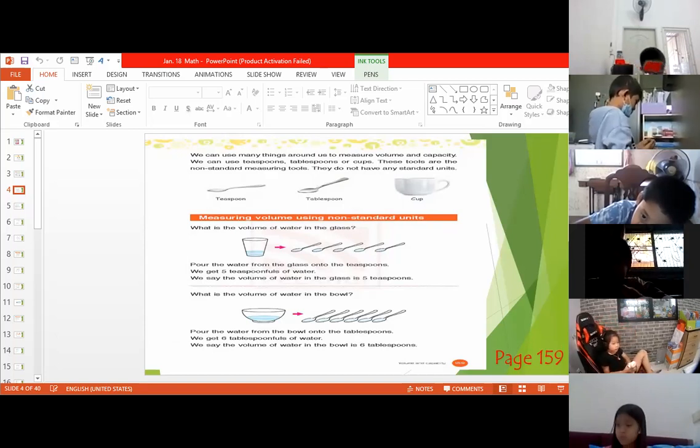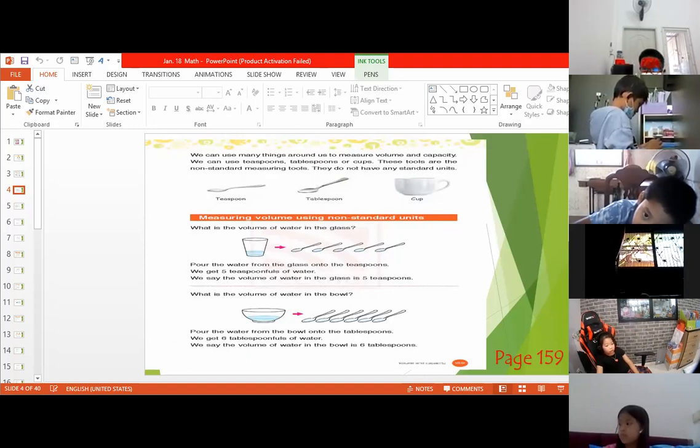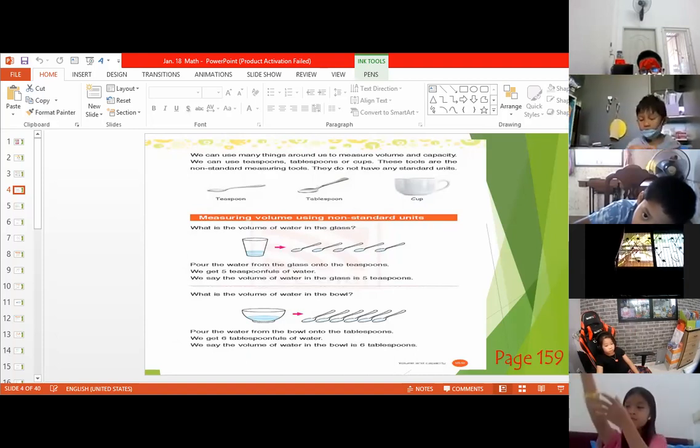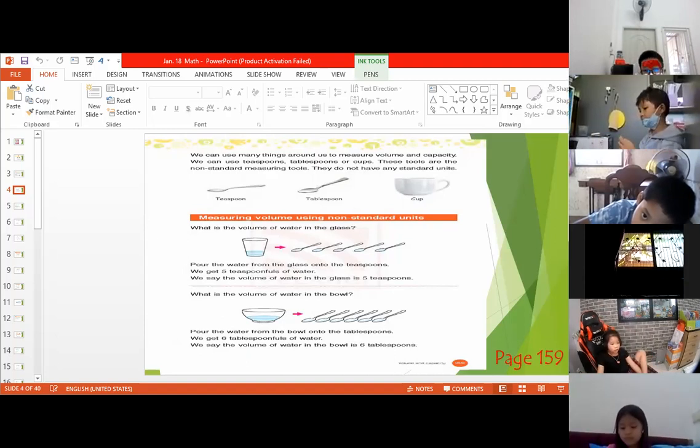Come on, I will give you an instruction. Just go to your kitchen. Get a glass of water and a spoon. Just do it in your sink so that you will not get wet. Just scoop. Use your tablespoon.